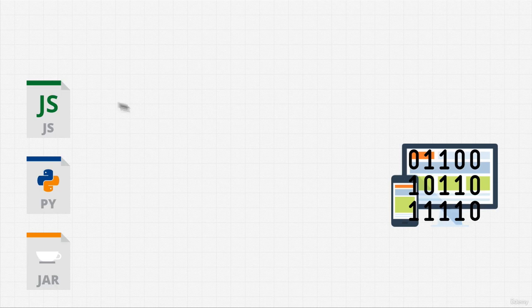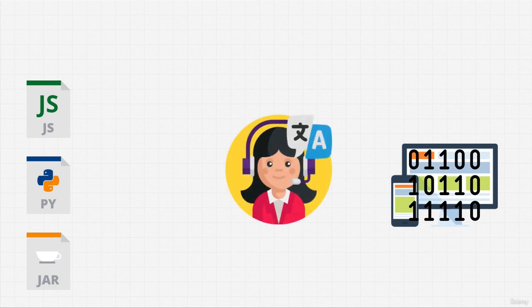Well, we have these programming languages that we usually write in a file, such as Python, JavaScript, maybe even Java. And then we somehow need to get these files that we write into ones and zeros so that our machines can understand. Well, we need a translator, right?